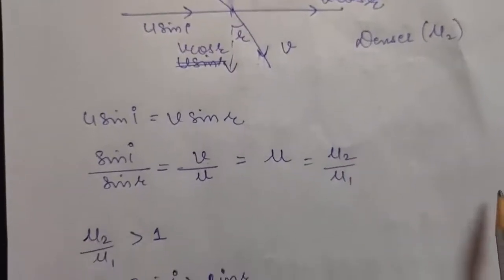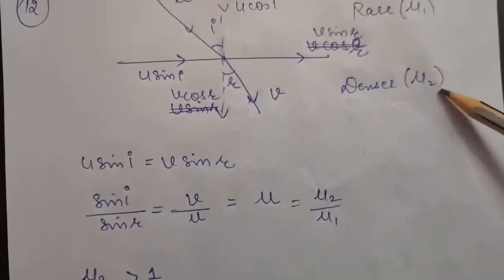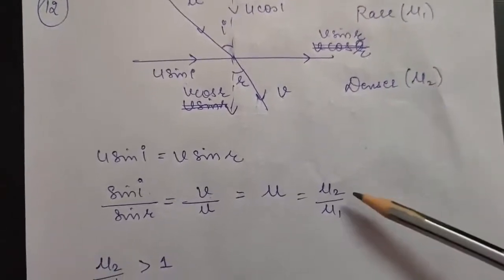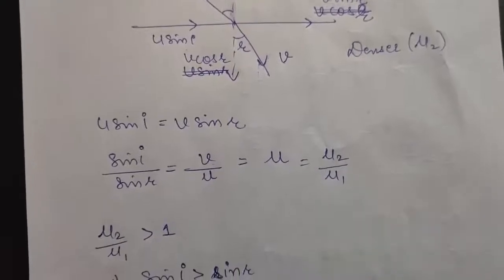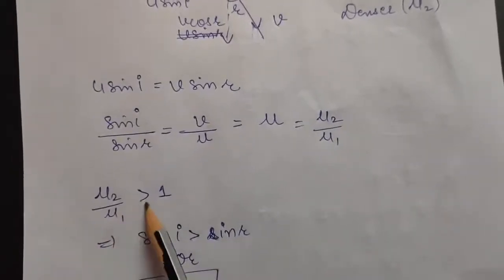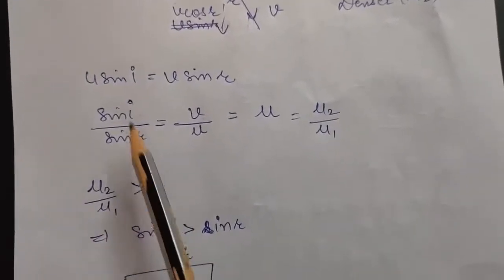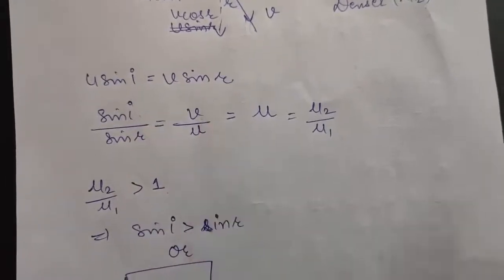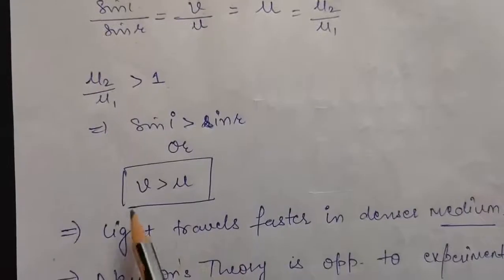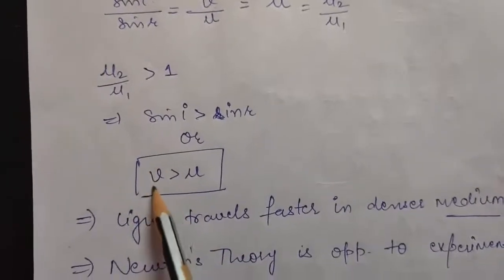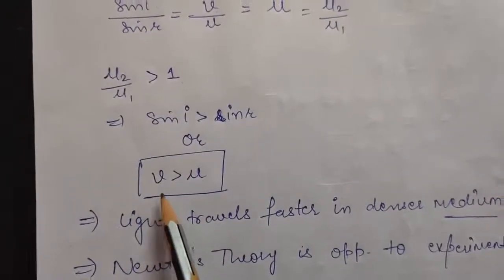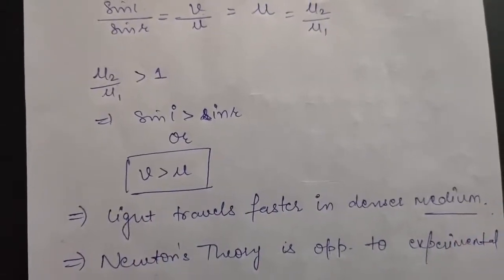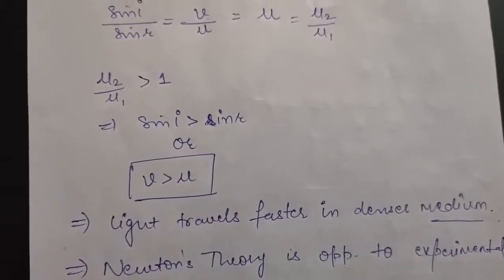Okay. So now, as you can clearly see, mu2 is the refractive index of the denser medium. That means mu2 is greater than mu1. So therefore mu2 upon mu1 will be greater than 1. That means sin i will be greater than sin r, or you can say v will be greater than u. That means, see, v is our velocity in the denser medium. That means light will be traveling faster in the denser medium according to Newton's theory.